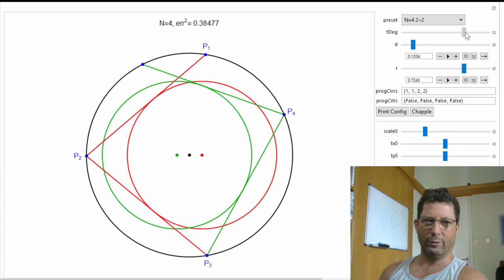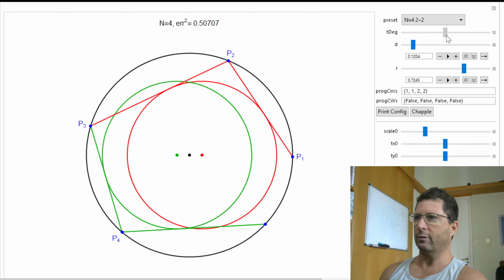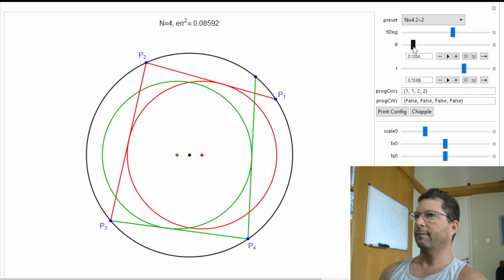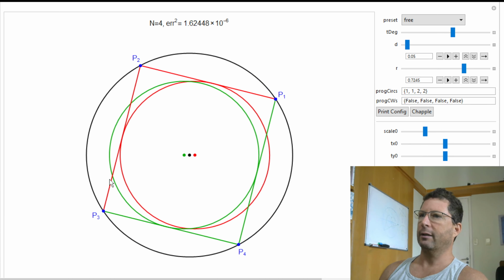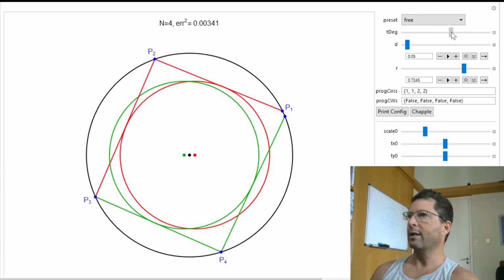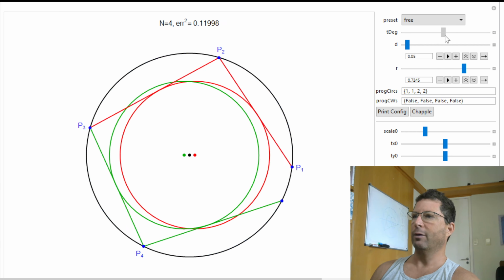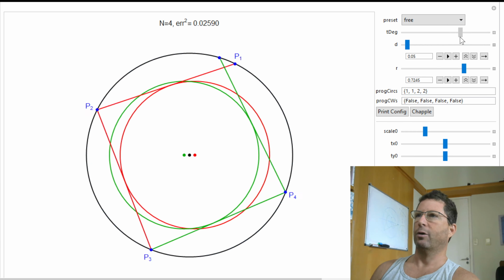Whichever tuning I try to do, if I play around with D, the distance between the centers, I can, for example, right here find a D that is going to make the two circles become close to being concentric. But let's say I accept that this quadrilateral is closing. As soon as I move my P1, I break closure.